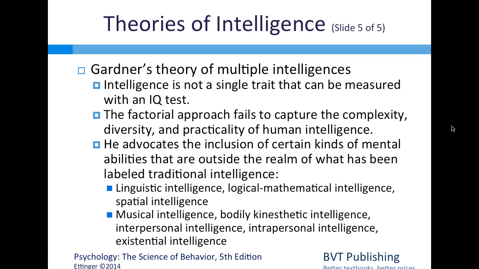So in this sense, Gardner is philosophically aligned with Sternberg. However, he differs from Sternberg in an important respect because he advocates the inclusion of certain kinds of mental abilities that fall well outside the realm of what has traditionally been labeled as intelligence. Okay?